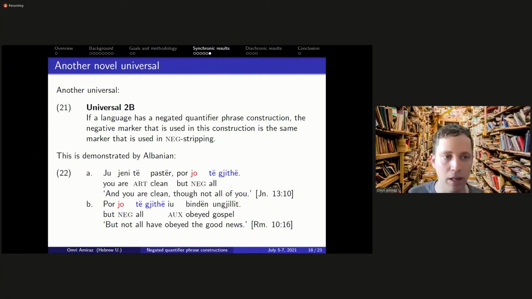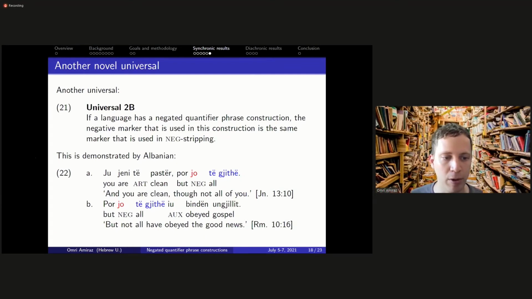Another universal says that if a language has a negated quantifier phrase construction, the negative marker that is used in this construction is the same marker that is used in neg stripping. And this is demonstrated by Albanian. So in 22a, we have neg stripping, an ellipsis construction, "though not all of you," and the negative marker is jo.